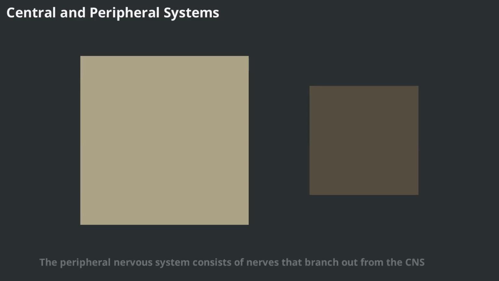The peripheral nervous system consists of nerves that branch out from the CNS. These nerves are further divided into afferent, or sensory neurons, which carry information to the CNS, and efferent, or motor neurons, which carry commands from the CNS to muscles and glands. This organization allows for efficient communication and control of bodily functions.